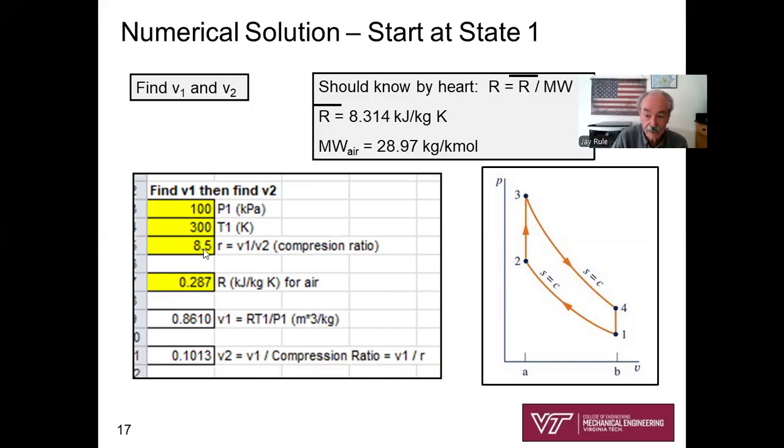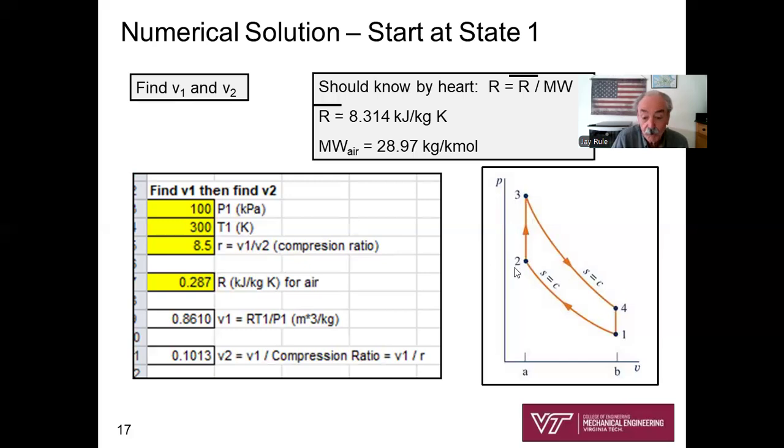I've written those down. There's given. I turn them yellow. I calculate little v1, ideal gas equation of state, 0.8610 cubic meters per kilogram. Oops, there's a typo. That says m*3. That should be meters to the third per kilogram. Sorry about that. Our compression ratio, 1 over the compression ratio, so I'm going to need that.